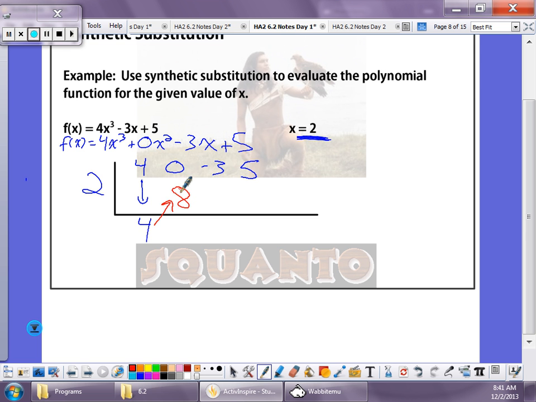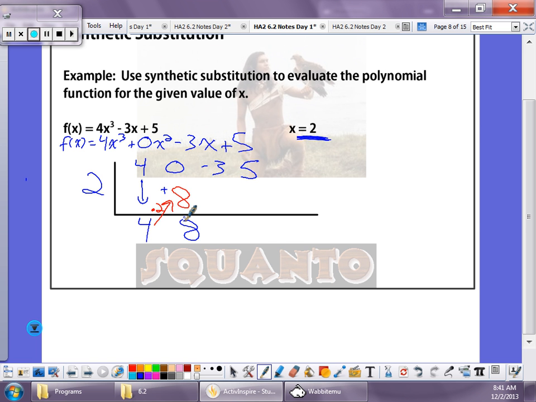So that would be 8. So here I just did times 2. So you take the number on the bottom, multiply it by what's out front, and put it here. And then the last thing you do is just add these two numbers. So 0 plus 8 is 8.